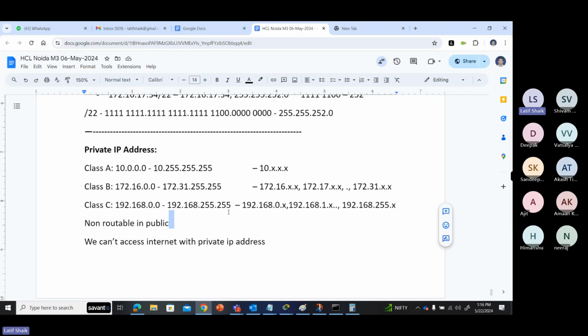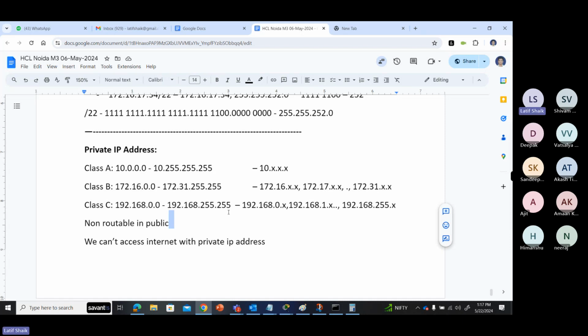It means the 192.168.0 series, 192.168.1, 192.168.2, 192.168.3, and up to 255. All these are private IP addresses. It means 256 private IP addresses from class C.